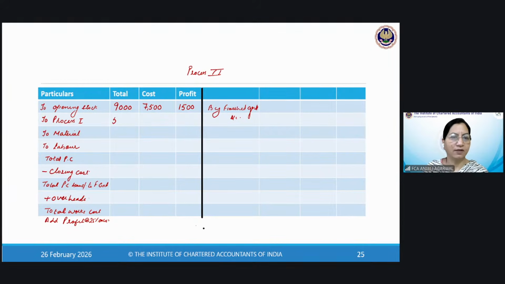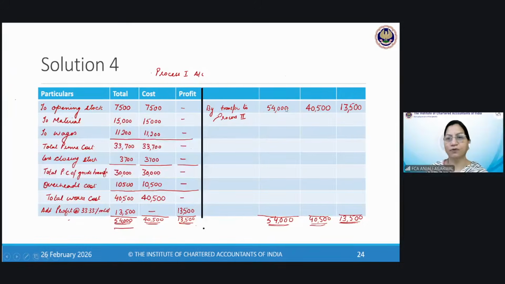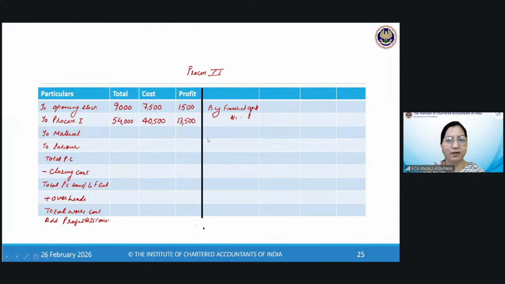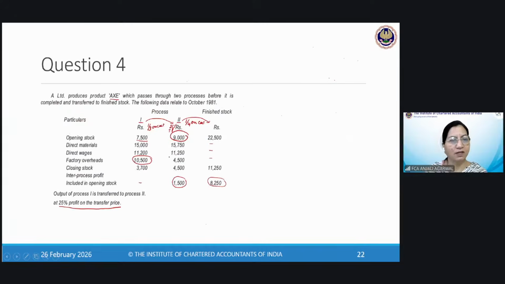Then from process 1, in this period, 54,000 worth of goods have come, costing 40,500 with an inter-process profit of 13,500. Now in process 2, what is the cost of material incurred and wages? Don't look at the factory overheads, just look at material and wages. 15,750, 11,250.